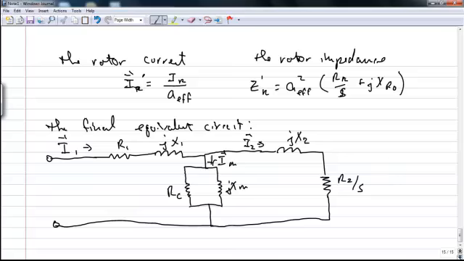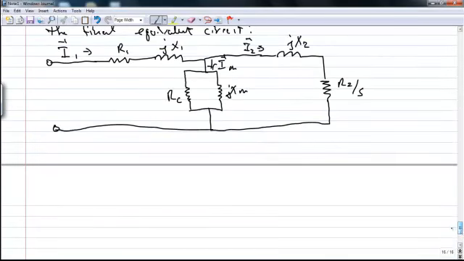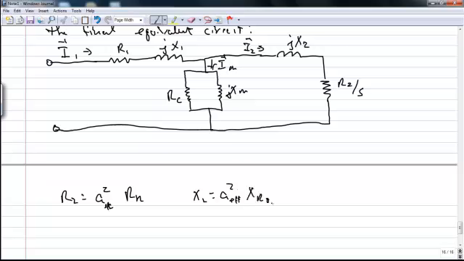Note that R2 is equal to the effective turns ratio squared times R sub R, and X2 is equal to the effective turns ratio squared times X_R0.